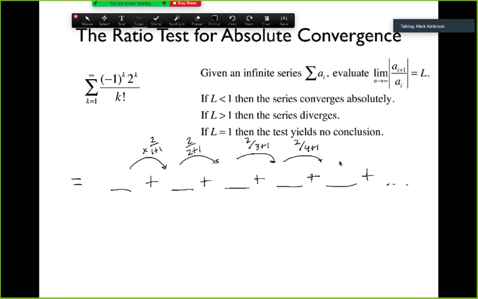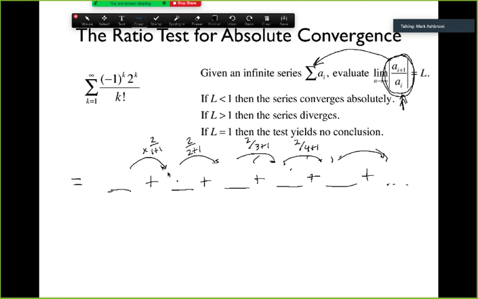So where the harmonic series is showing up in this, it's not that the series is the harmonic series. It's that the multipliers to get to the next term are like the harmonic series. So we're not analyzing the harmonic series. We're not asking if this series converges. We're setting up a new sequence to tell us if this series converges. And this new sequence is a sequence of multipliers to get from one term to the next.